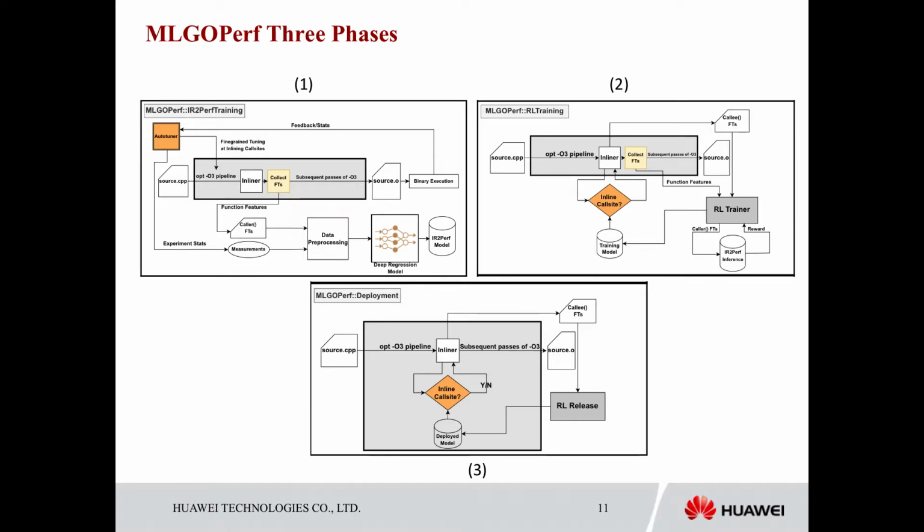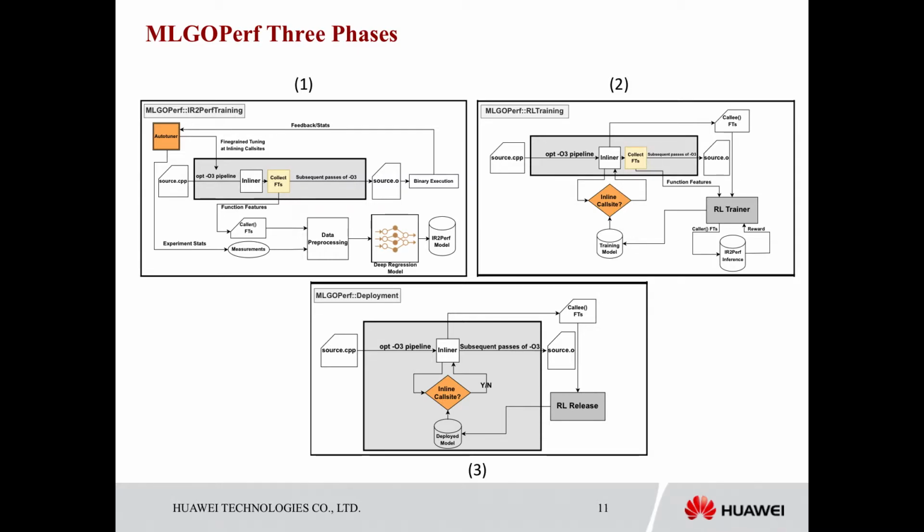The subsequent passes of O3, as I mentioned in the earlier slides, are going to apply throughout the pipeline. So we get all this feedback and stats and save it in our quote unquote CSV file. And with data processing and pre-processing, we're going to be able to train IR2Perf.